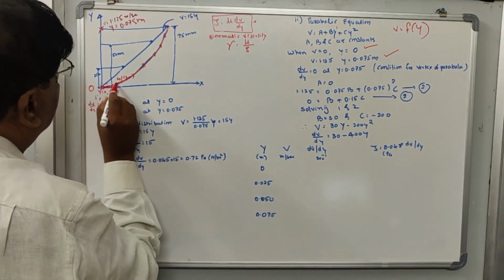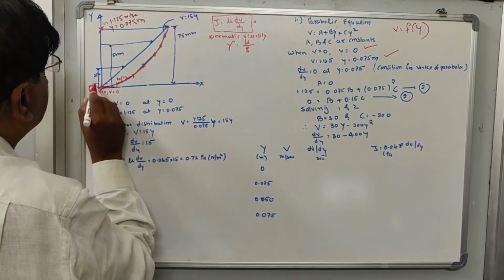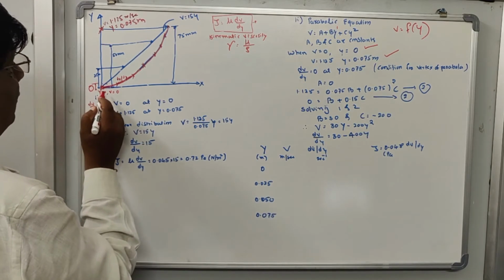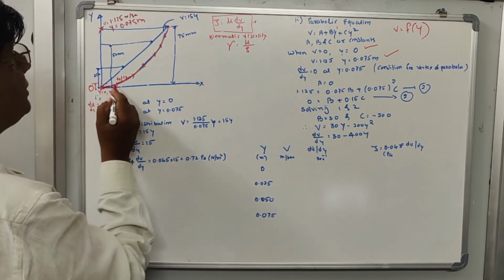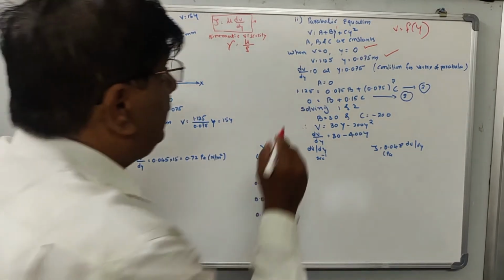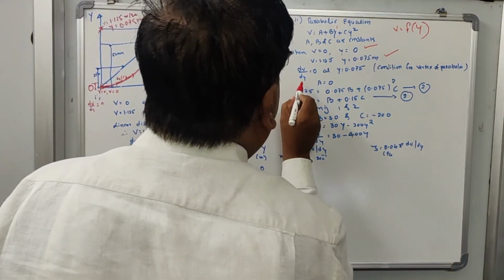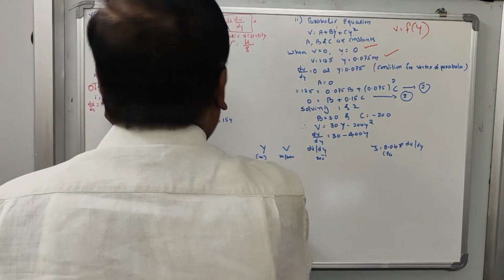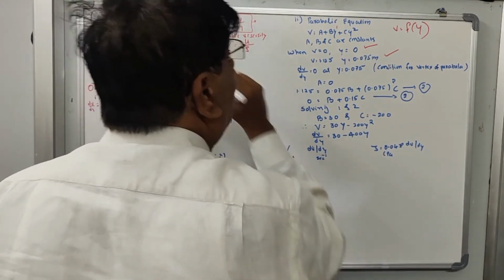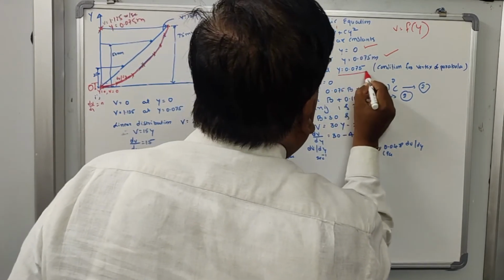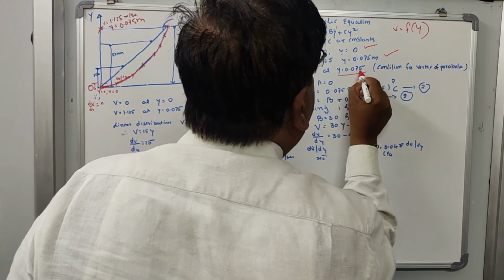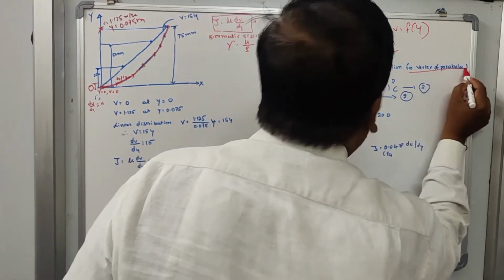So what is the velocity at y equal to, say, 10 mm from the origin? Considering this as the vertex point, at y equal to 0.075 we have the condition for the vertex of the parabola.